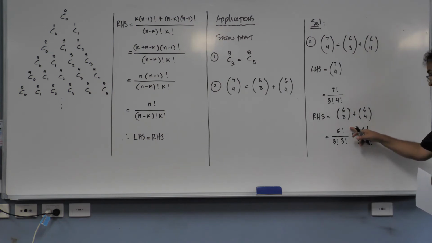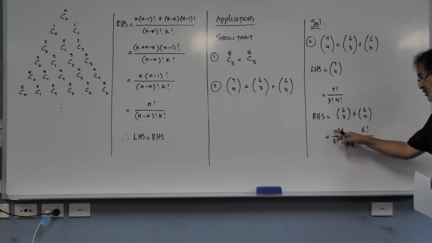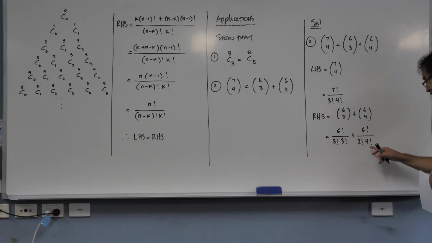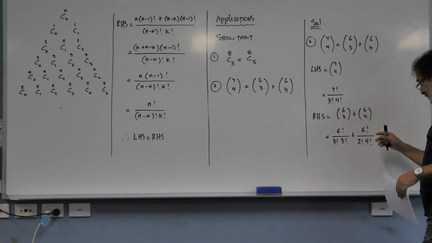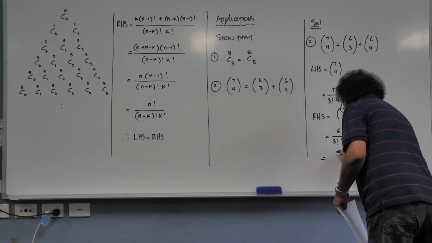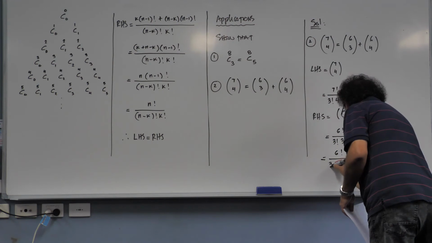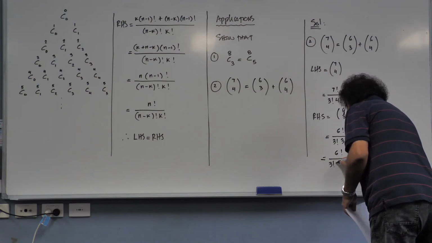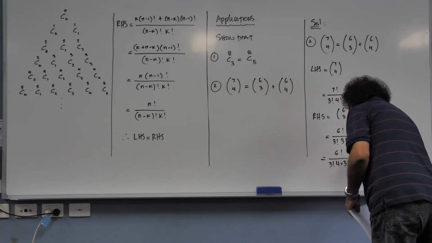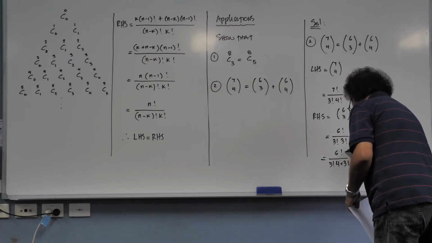What should I multiply the top and the bottom by, so then we have the 4 factorial at the bottom? 4. That's it, very good. So we're going to say 6 factorial over 3 factorial, and then 4 times 3 factorial, and I need to also multiply the top by 4.